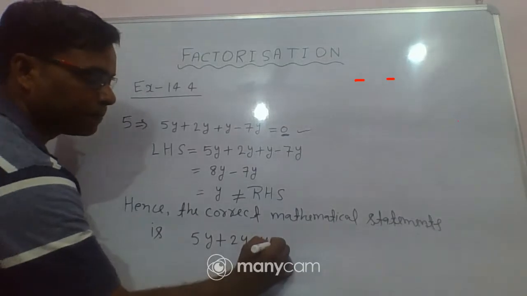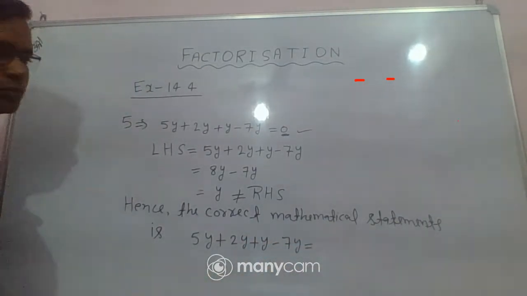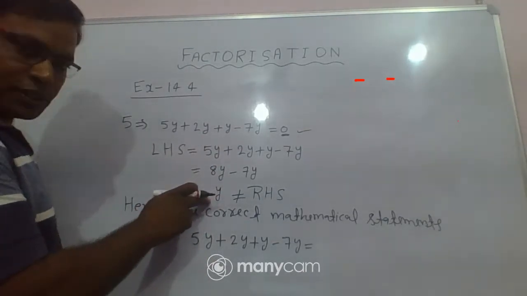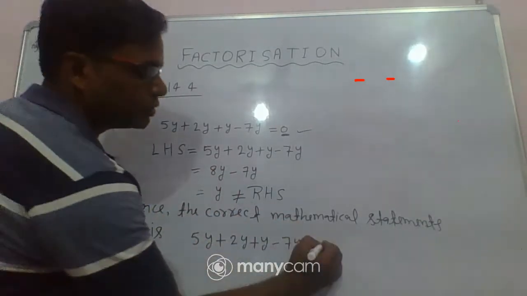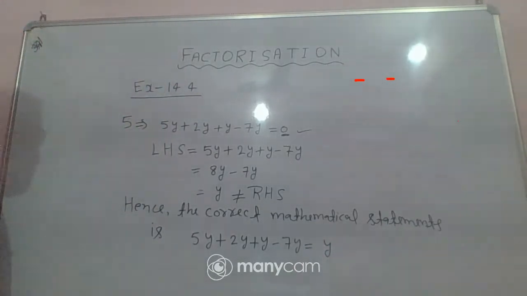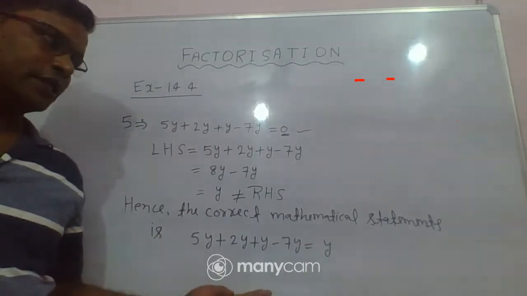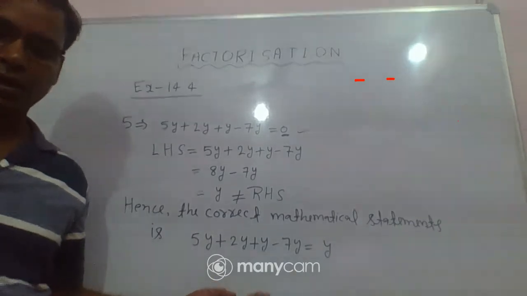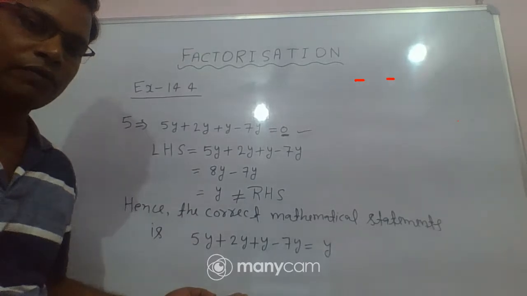So it becomes 5y plus 2y plus y minus 7y is equal to, we take the left hand side and solve it. We reached y. This is our right hand side, y. This is our correct mathematical statement. Clear?